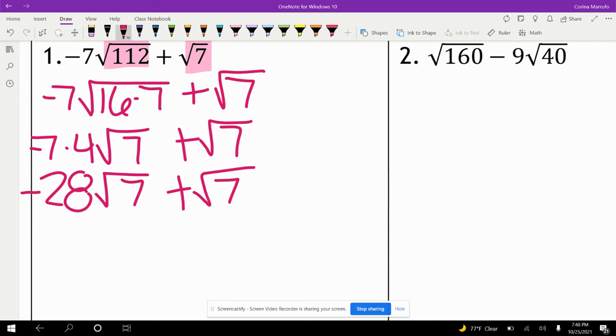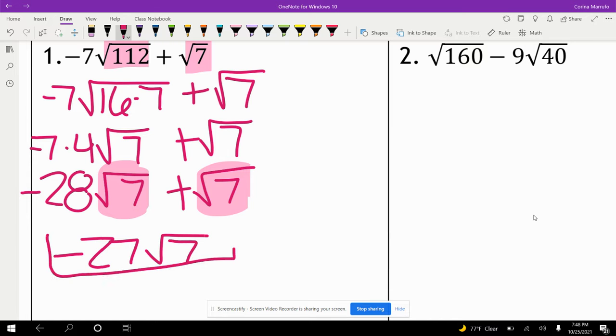Now we're going to add these together. I have negative 28 of these things, and I have one of these things, so I take negative 28 and add 1, and that gives me negative 27 and the square root of 7. Just like you have x's and you add x's, they have to be like terms in order to add them together. This has the same concept.